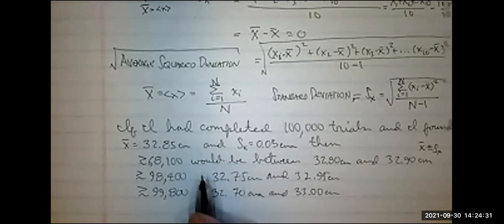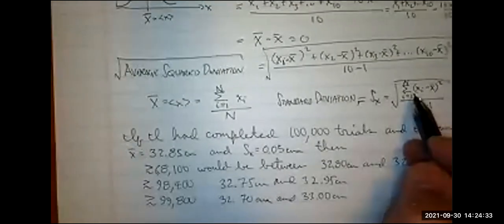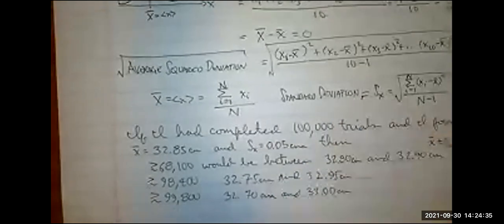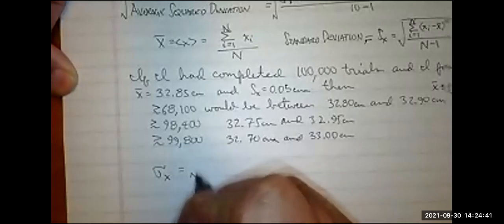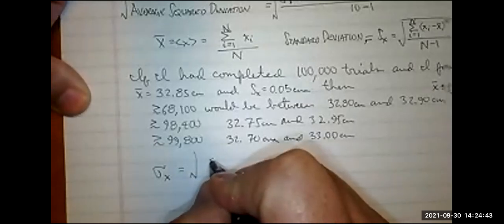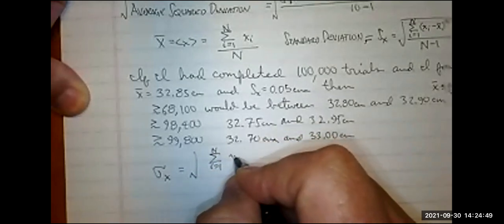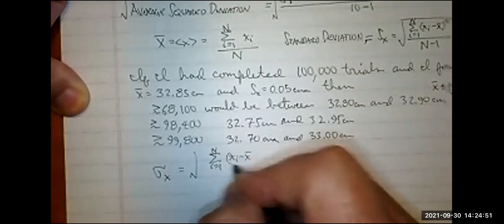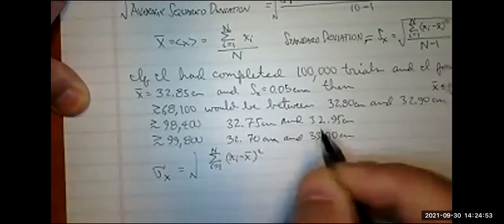So how do you get it? Well, it turns out if you do the standard deviation of the standard deviation, the equivalent is basically sigma x is equal to, I still got to take a square root, I still got to take the summation from i equals 1 to n of x sub i minus x bar squared.